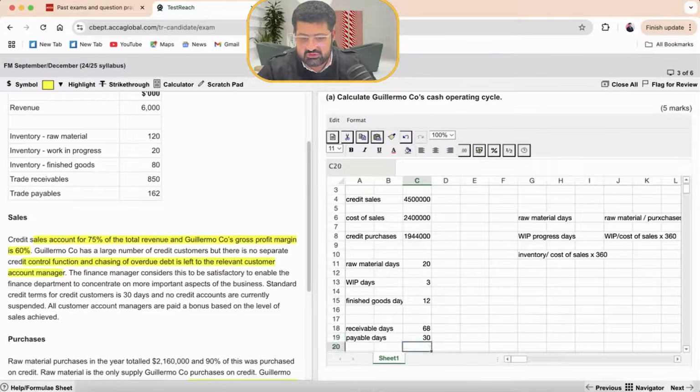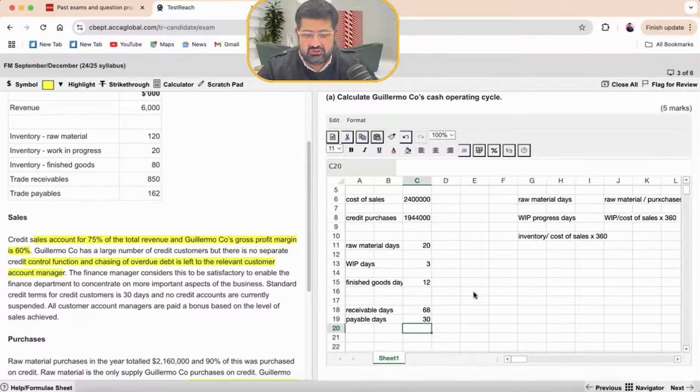So 162,000, yes. So 30 days. So here we have calculated all these. The formulas should be very much clear. So receivable days formula, I will be writing here for you as well.